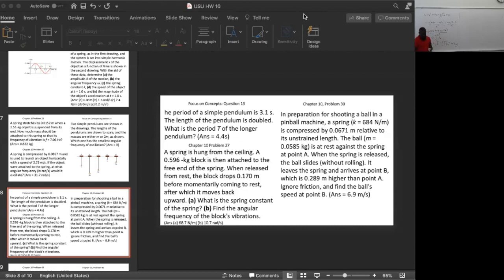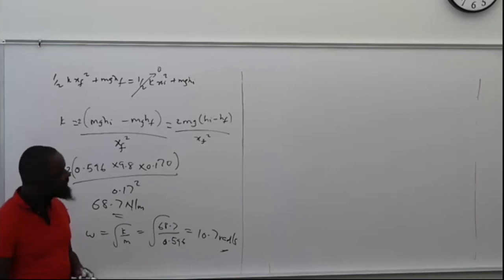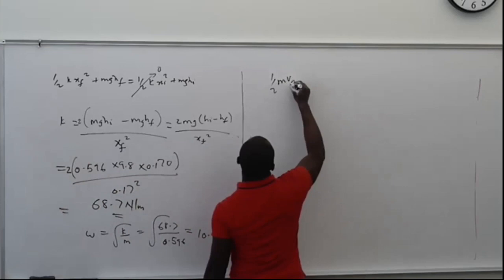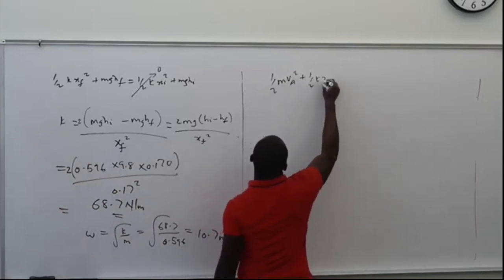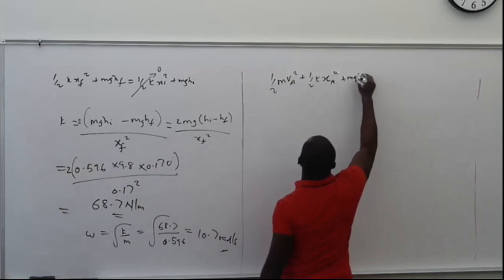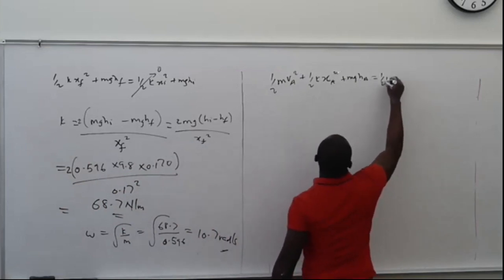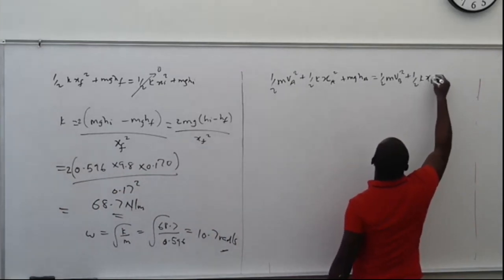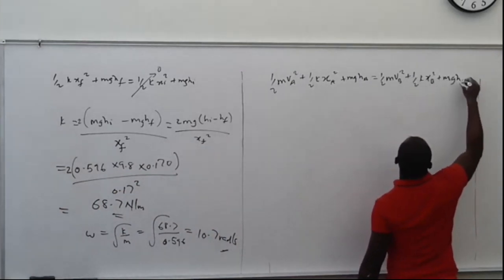So what we're going to do here, let me stop sharing and do the equation first for vB. So we're going to do half m vA squared plus half k xA squared plus mghA equals half m vB squared plus half k xB squared plus mghB.